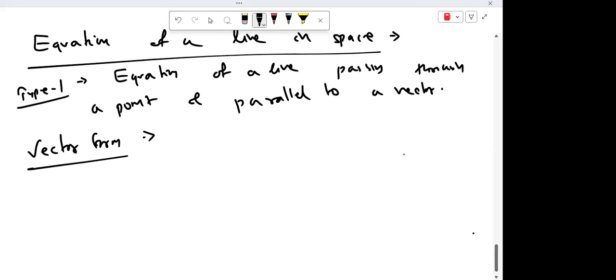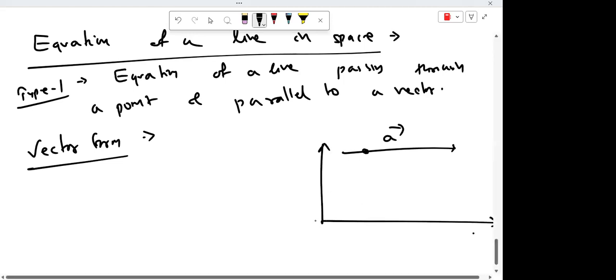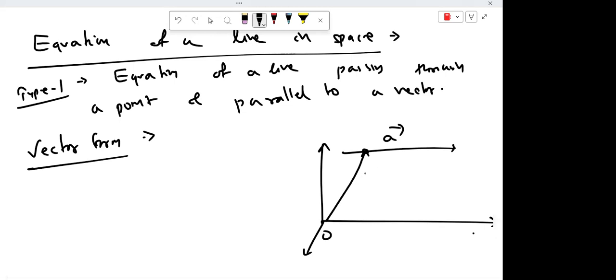So in vector form, suppose this is the line which is parallel to a vector b, and this is the coordinate system. We have the origin here, and suppose this is OA. Let's name this B, the parallel vector. Suppose this is the R vector.